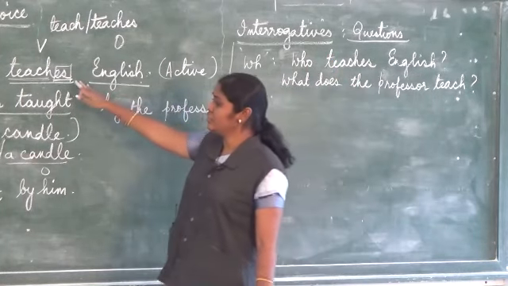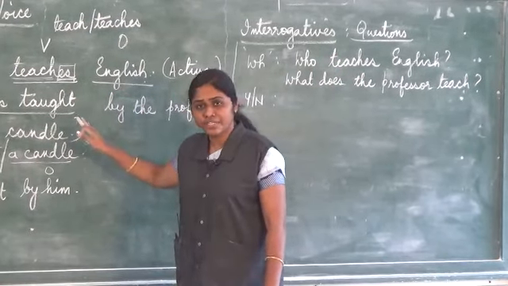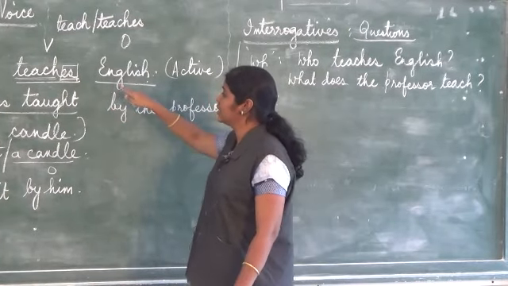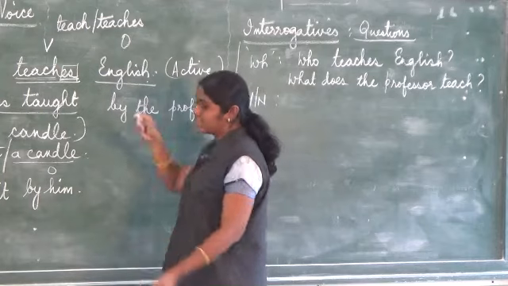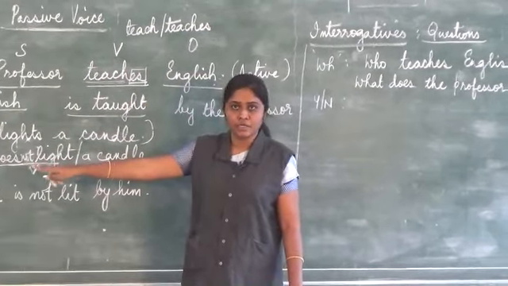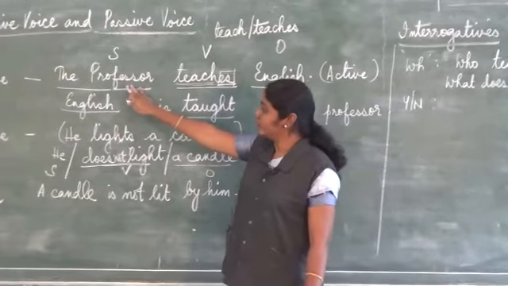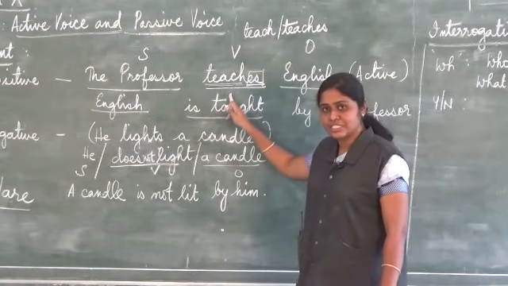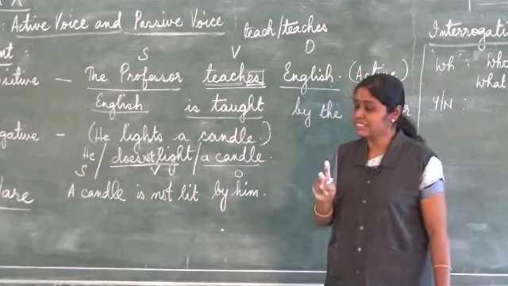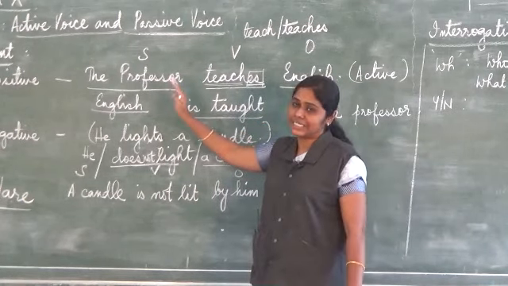Now the same thing you can change it into yes or no question also. Okay, see, the professor teaches English. So I told instead of auxiliary verb for simple present tense you have to use do verb. Okay, so now here again the professor teaches. Teaches is simple present tense. So the only two possible do verbs you can use is do or does. Now for professor you can use does.